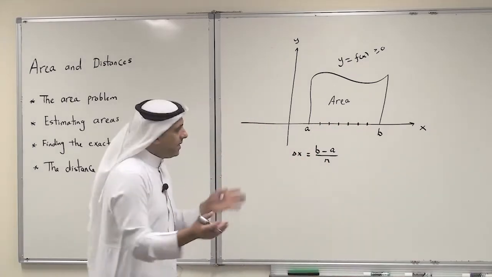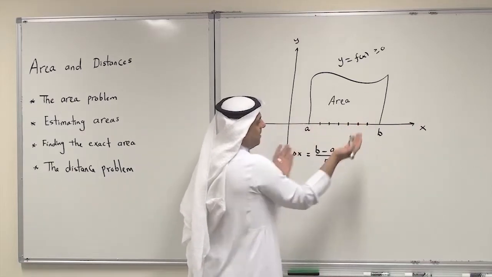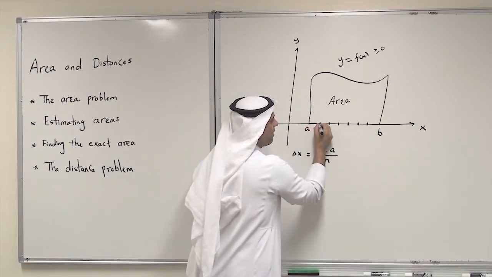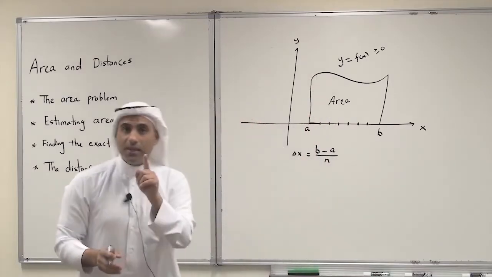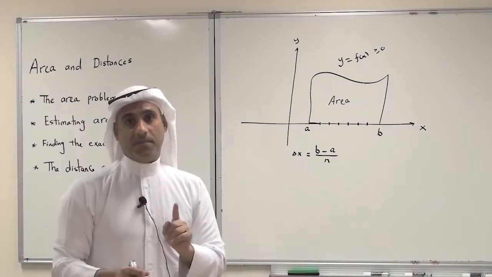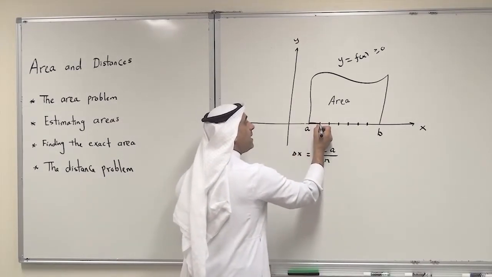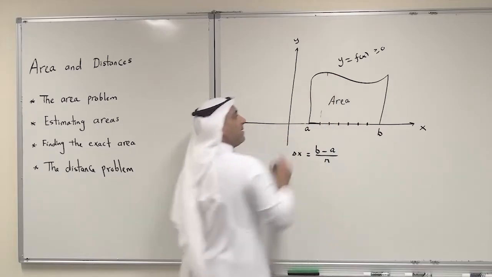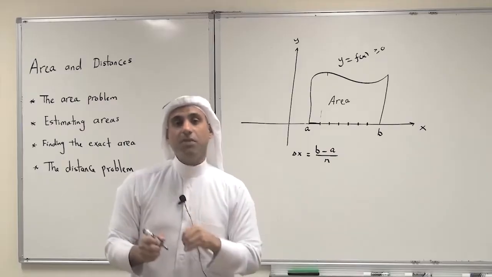Then we'll try to draw some rectangles. We have the width of the rectangle, but what is the height of the rectangle? Now comes the idea of estimation. If in each sub-interval we choose the height of the rectangle to be the altitude at the end point, that's called right point approximation.